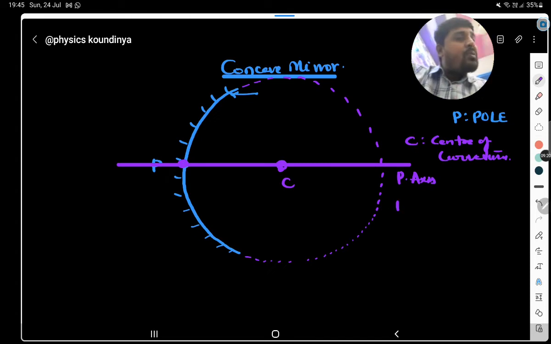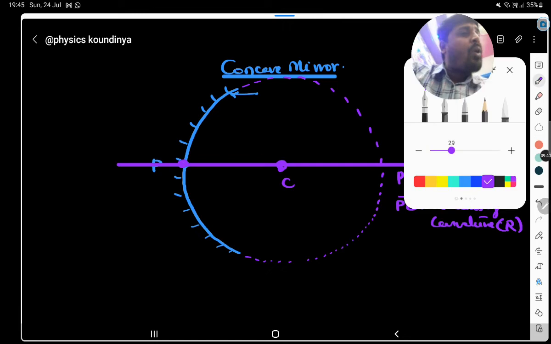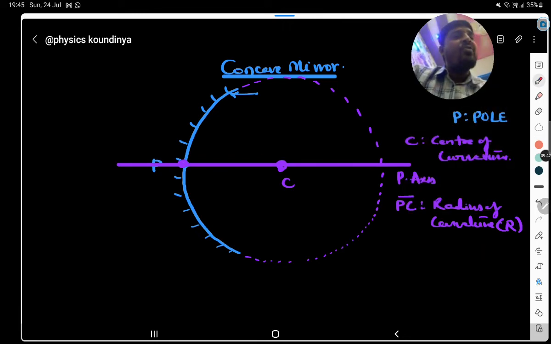Now the distance between P and C is called as radius of curvature. So PC is called as radius of curvature, denoted by the symbol R. Now the midpoint of PC is what we called as F, which stands for focus or principal focus.